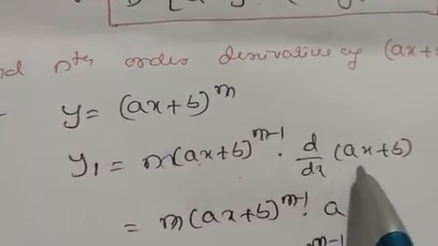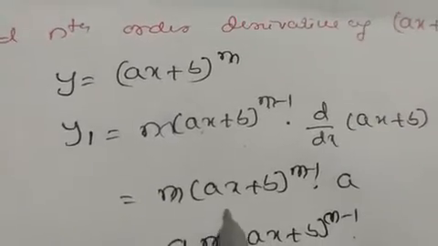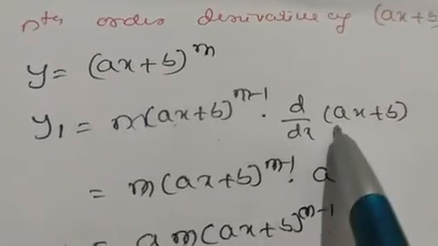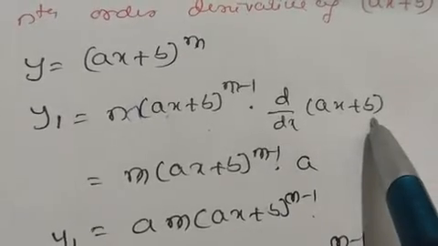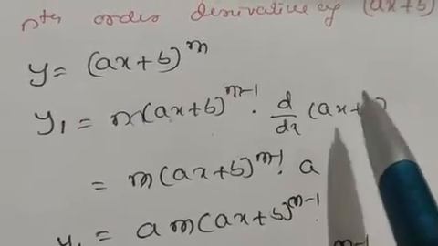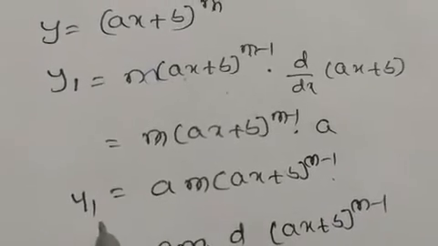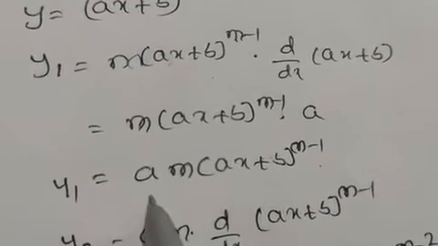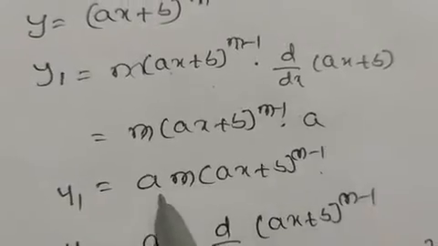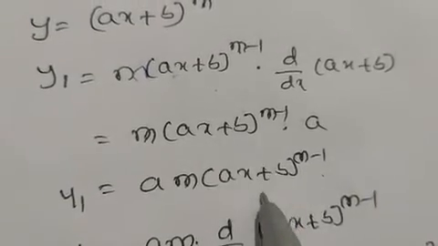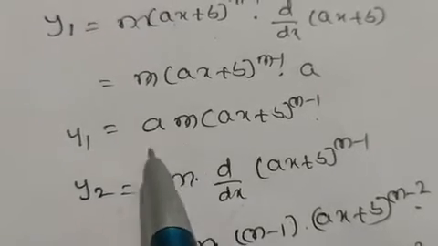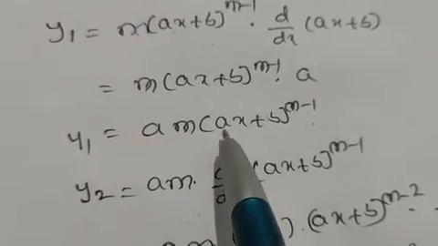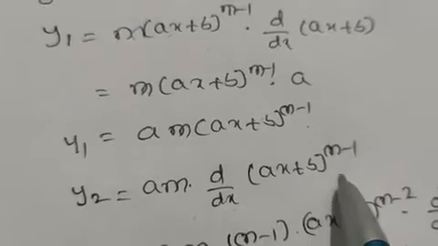That is derivative of ax plus b. It is m into ax plus b raised to m minus 1, and derivative of ax plus b with respect to x is a, because here b is constant. Derivative of constant is 0. So now this implies y1 is equal to, this a is constant, a into m, and this ax plus b raised to m minus 1. Now differentiating this once again, this am is constant, derivative of ax plus b raised to m minus 1.